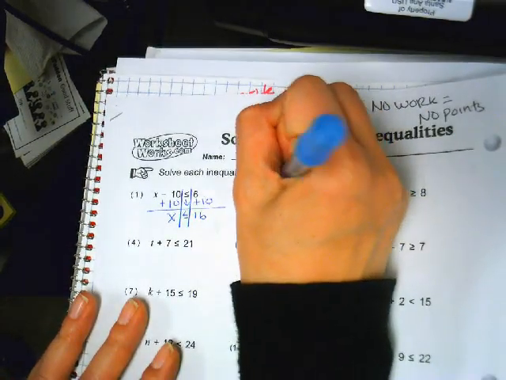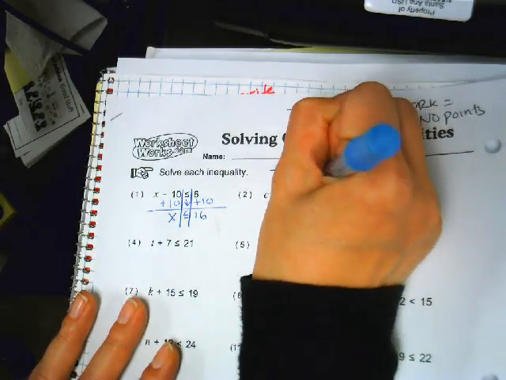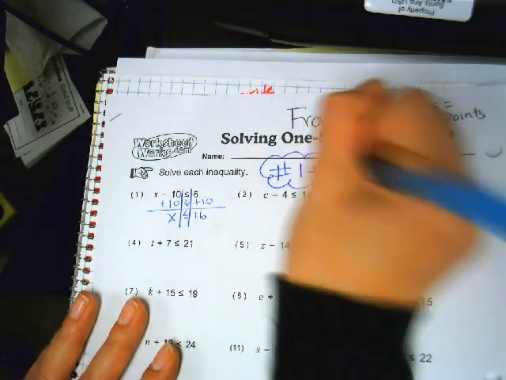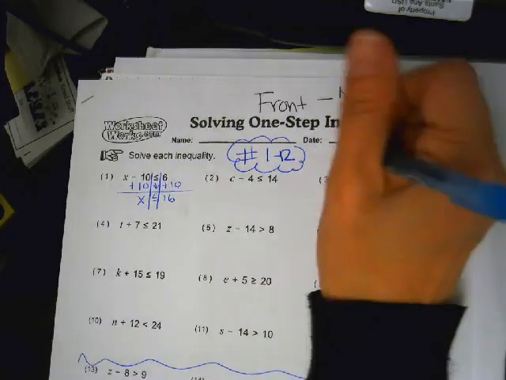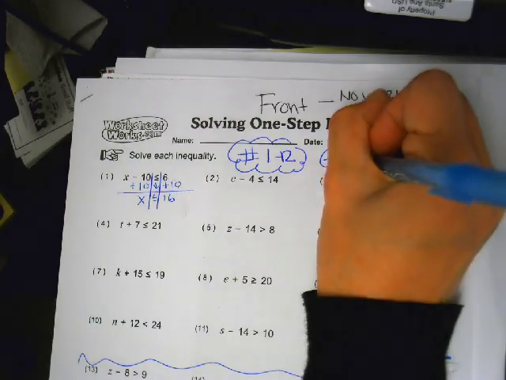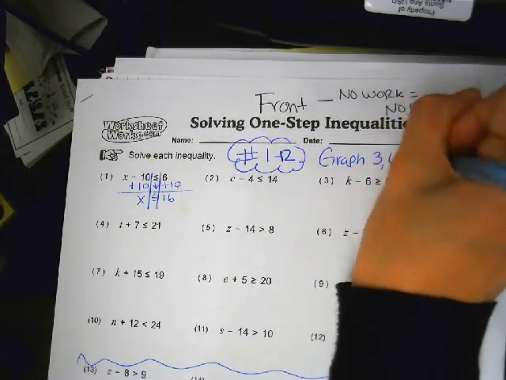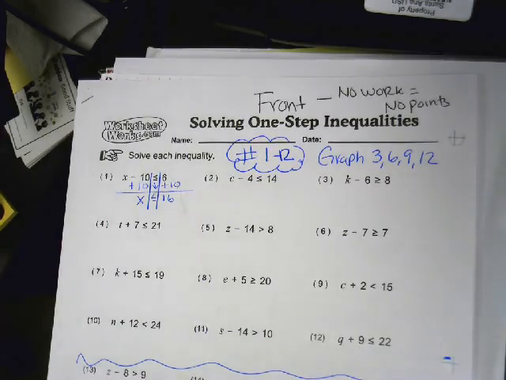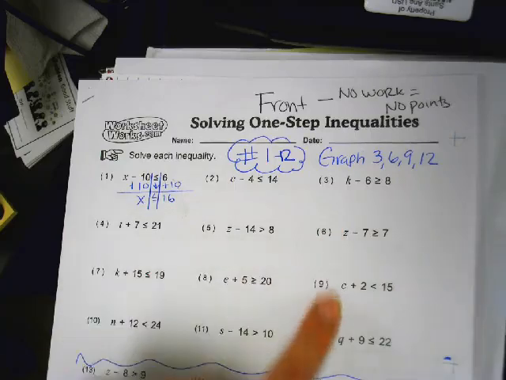Okay, your assignment is to do numbers 1 through 12. And then I want you to graph, just solve and graph 3, 6, 9, and 12. So you're going to solve all of them, and then you're just going to solve and graph these 4 on the side.